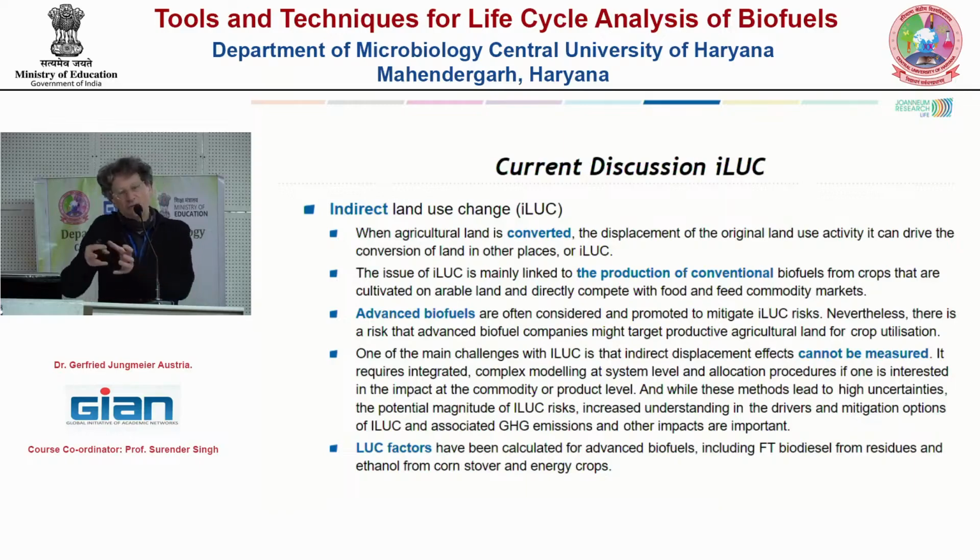As soon as you come to advanced biofuels, and this is also a key driver for going to new feedstocks, lignocellulosic feedstocks, land use change is not an issue at all. So this is one key driver to include land use change in this consideration, because it is a clear and big advantage for second generation biofuel.